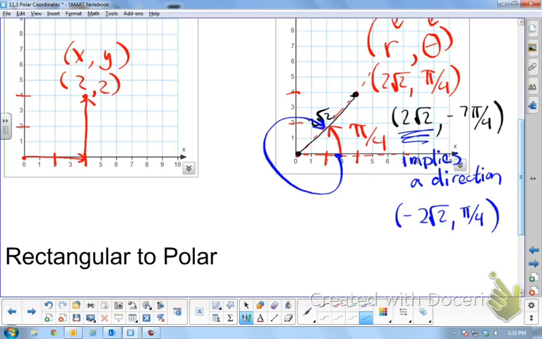Okay, so if I said negative 2 square root 2, pi over 4, well, I'm still rotating to here, but we really consider this entire line. The negative says instead of starting and pointing up, we're going to start and go the other direction. So if I put a negative in front of that 2 square root 2, it is actually giving me this point here.